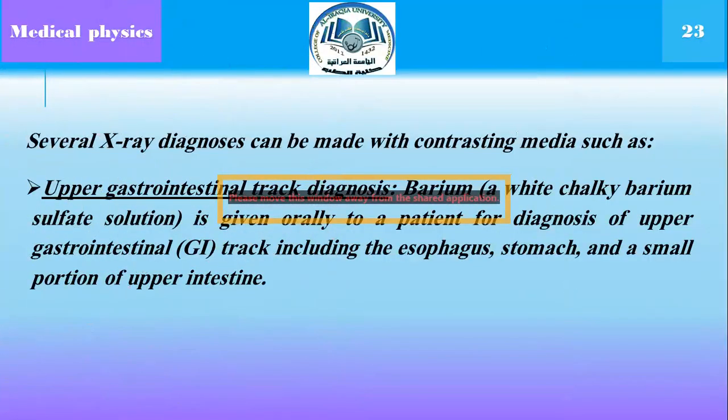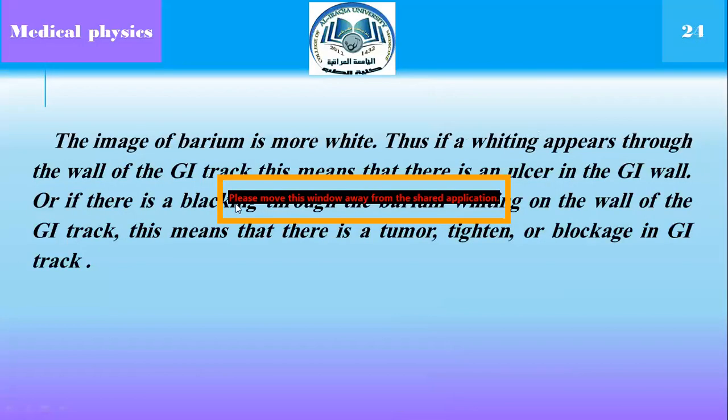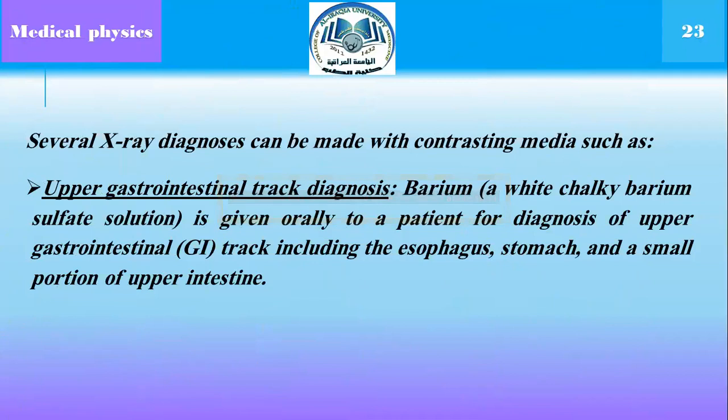Also, air and other gases can be used as X-ray contrasting media because they absorb X-rays less than liquids and solids, and they have very low densities. Several X-ray diagnoses can be made with contrasting media, such as upper gastrointestinal tract diagnosis.